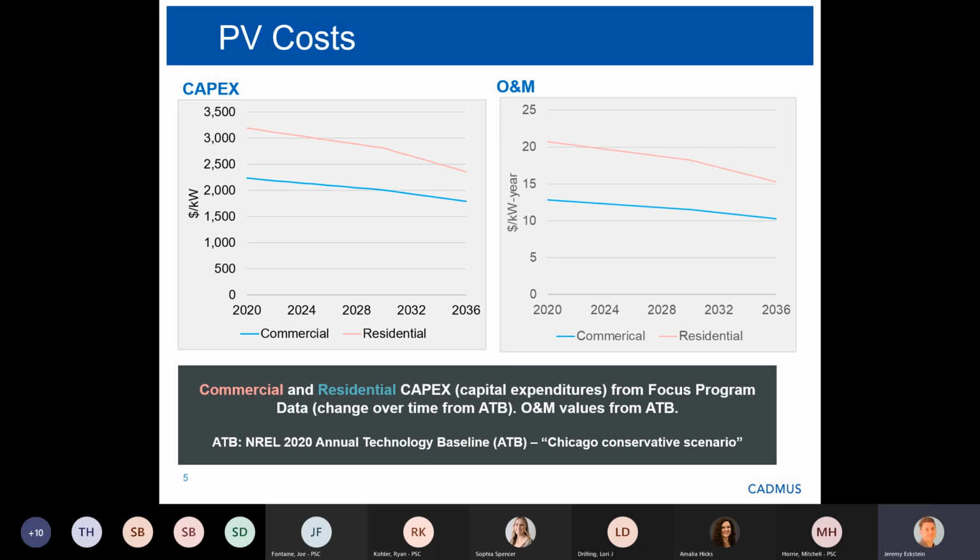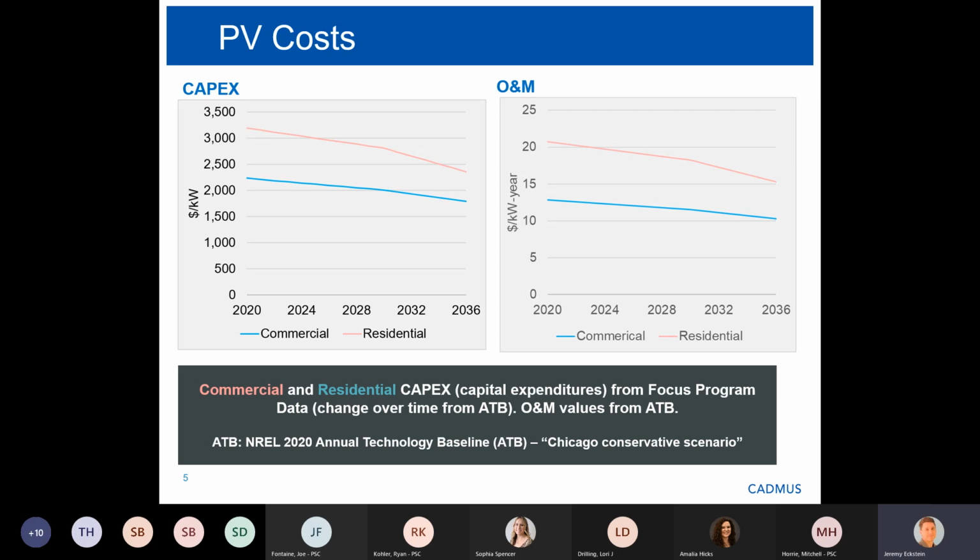For the capital expenses, we're using a starting point from the Focus on Energy program data. We did have access to that, and we're able to calculate a dollar per kW system size. And then to look at the cost changes over time, we're applying a trajectory from the NREL Annual Technology Baseline Study, and that shows the changes over time.